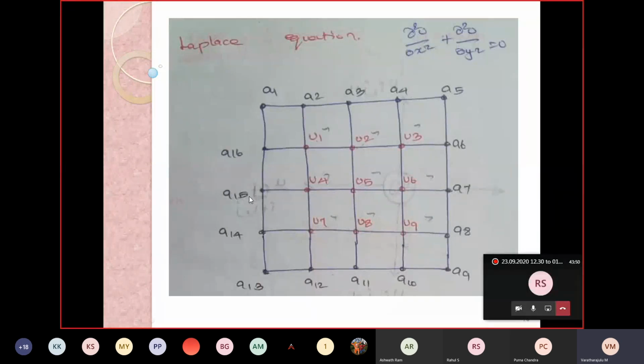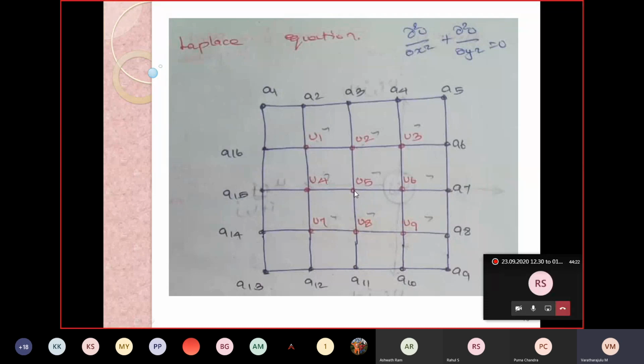Assume the outer boundaries are known, that is A1, A2, A3, A4, A5 till A16 we know, and we need to find the various U, that is U1, U2, U3, U4, till U9. With the aid of the standard 5-point formula and diagonal 5-point formula, we can find these various U's. Shall we start with U5, that is the midpoint?